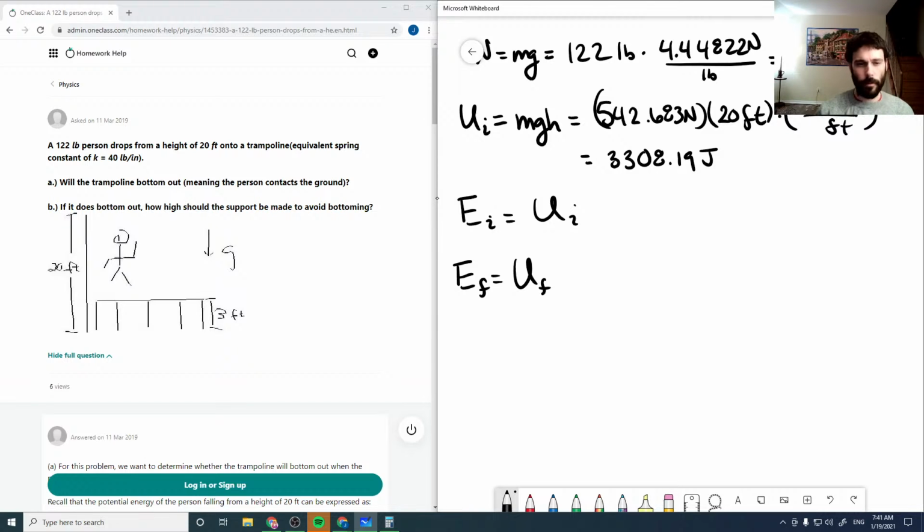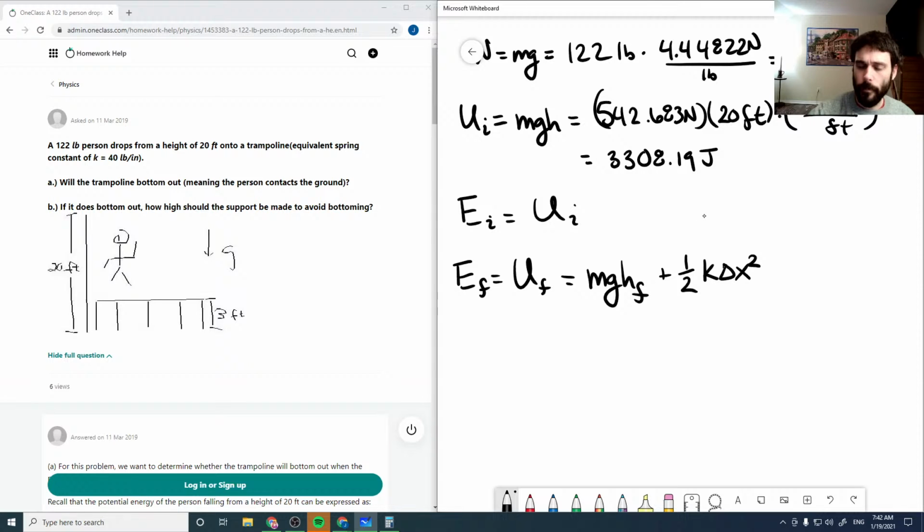We're assuming when we reach the bottom of the trampoline that there's zero kinetic energy, so it's just going to be potential in both cases. So our final potential energy is going to be our gravitational potential energy, mg times our final height, plus our spring potential energy, which is 1/2 k delta x squared.